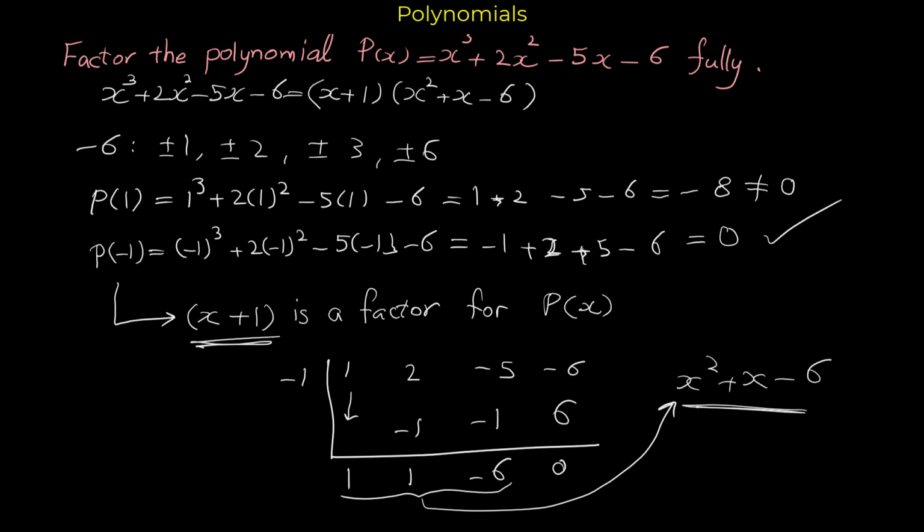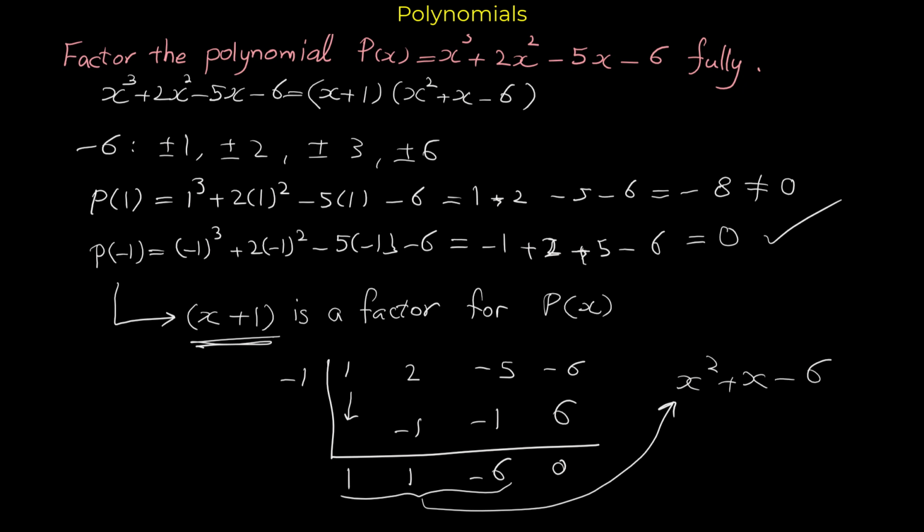The second bracket here is a simple quadratic expression. And when we get to a quadratic expression, we don't need to use this method again because factoring a quadratic expression is very simple.